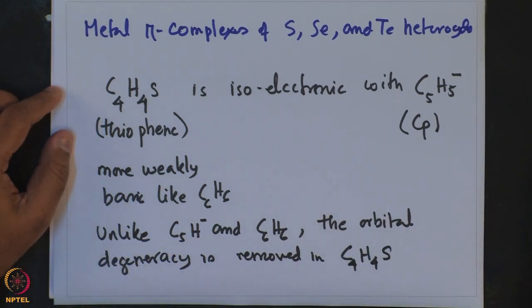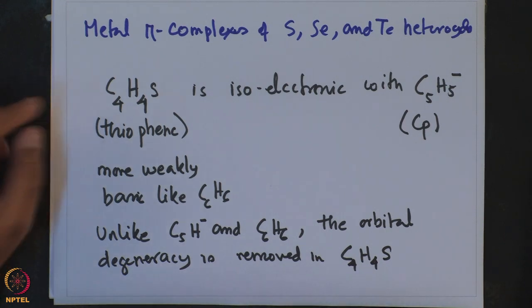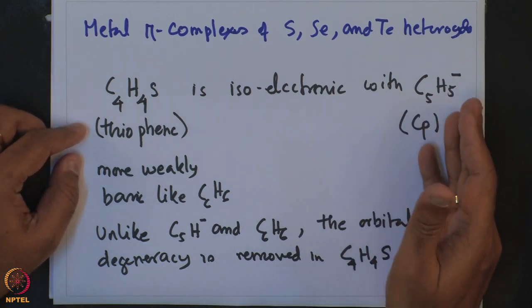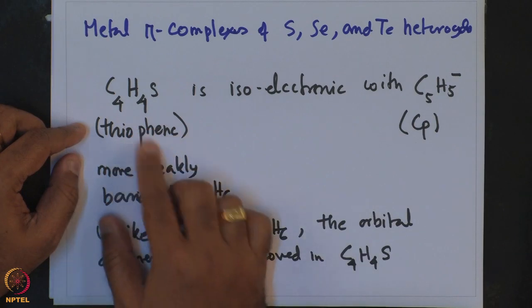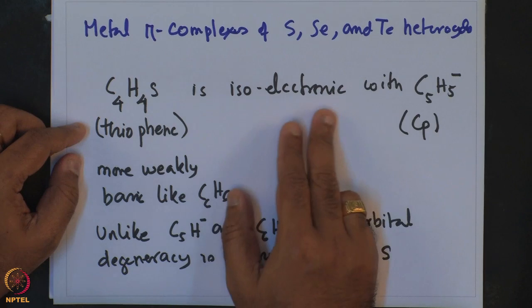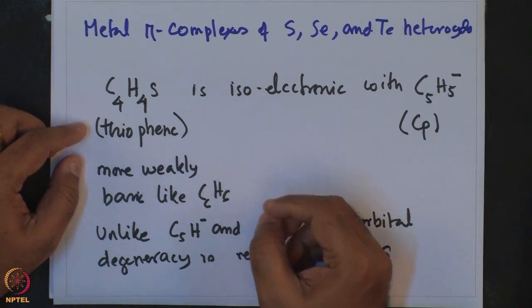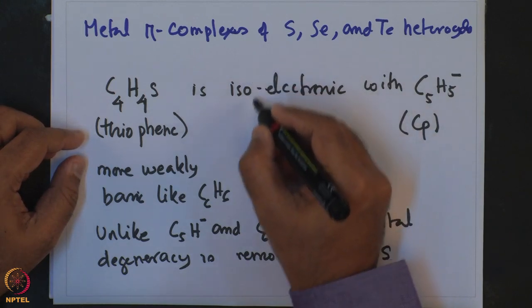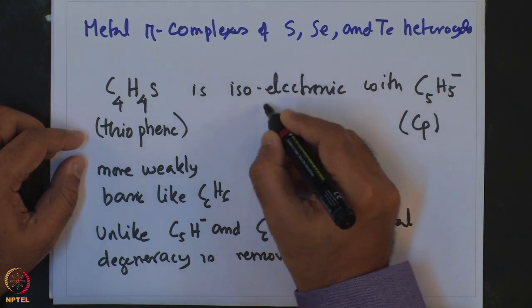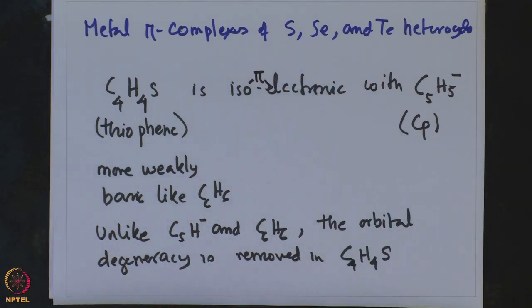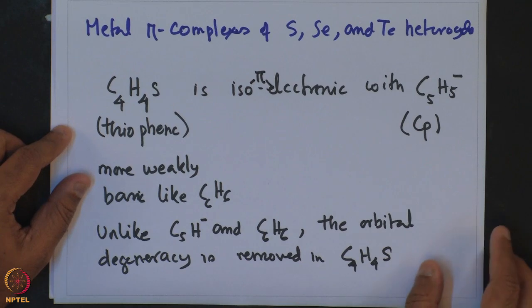So, there are subtle distinctions between C5H5 minus, the commonly called cyclopentadienyl anion, and thiophene C4H4S, though they are isoelectronic as far as the pi electrons are concerned. To be more precise, they can be called iso-pi electronic. That is what it would more appropriately be called.